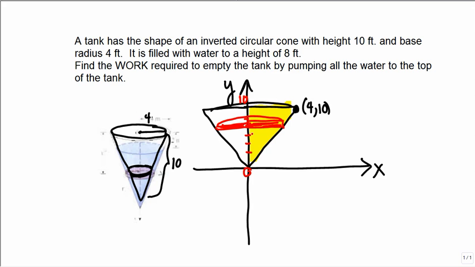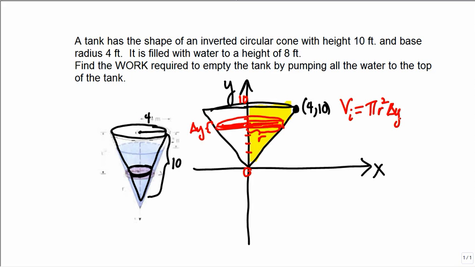Looking at this, this will be the radius of my right circular cylinder. And of course, what is the height of that going to be? It's going to be delta y. So I know that my V sub i is pi r squared times the height, delta y.